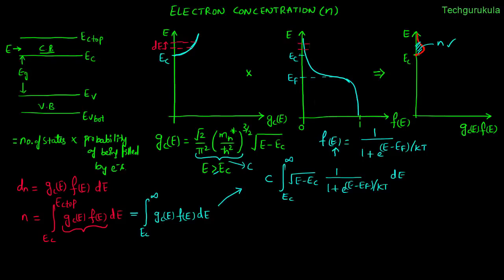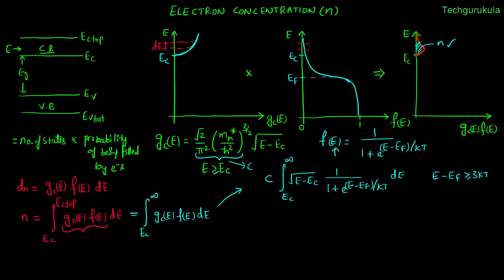Now this function cannot be directly solved because we have the Fermi-Dirac distribution function here, unless we make some assumptions. Frankly, when we actually took f of E, we just assumed EF to be somewhere. But in fact, we don't know where EF is precisely. So I'm going to make an assumption: what if E minus EF is greater than or equal to 3kT?